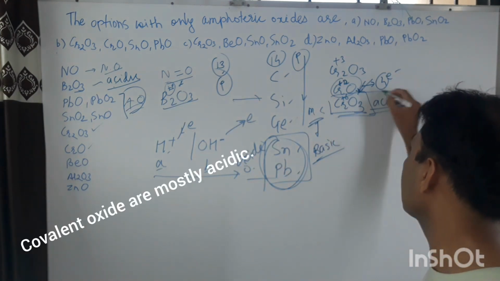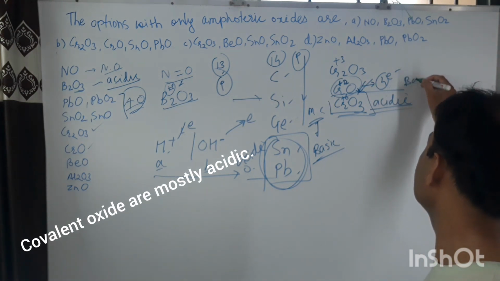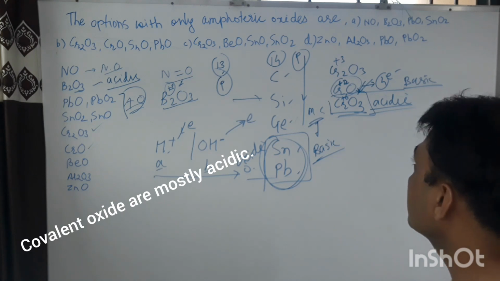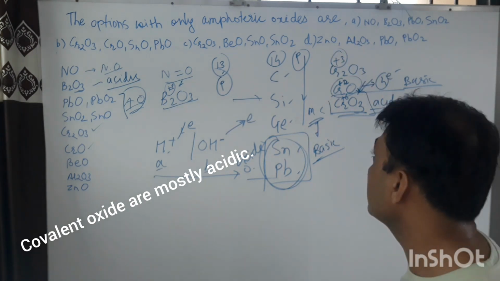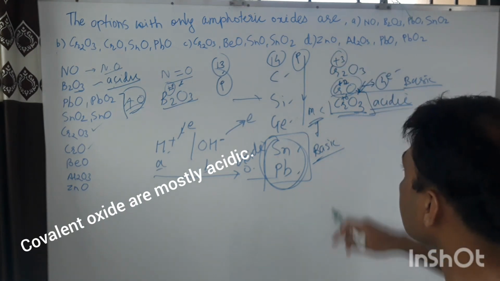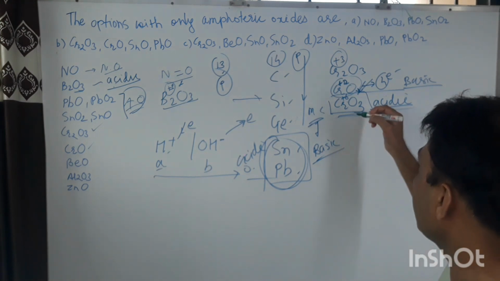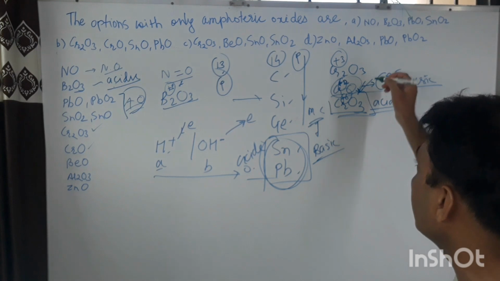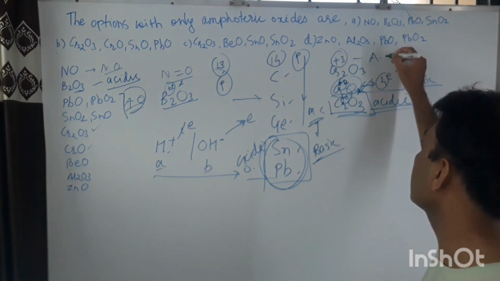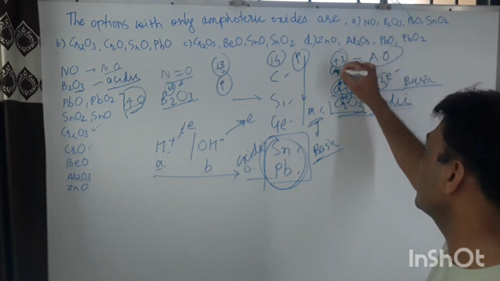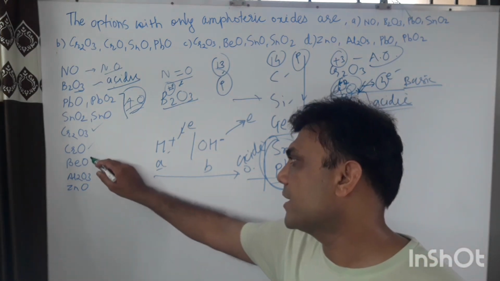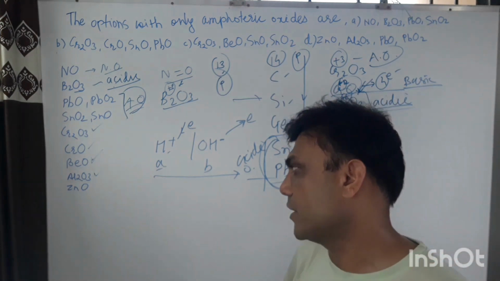In this case, this oxide will be basic in nature. And the +3 oxidation state is intermediate between +2 and +6. That's why Cr2O3 should form an amphoteric oxide.